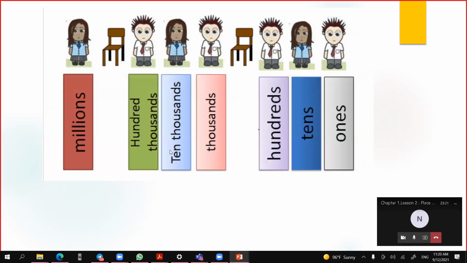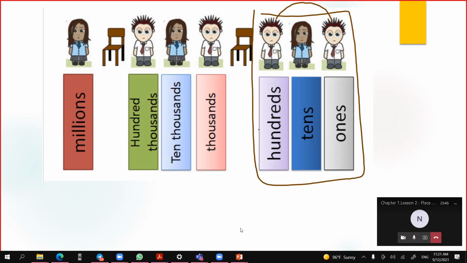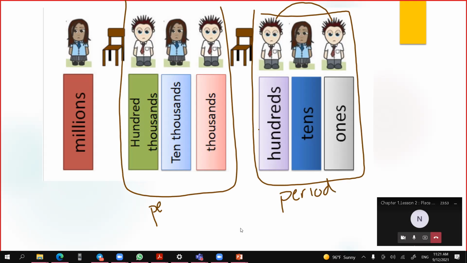Now, look at this picture here. As I told you, this is a boy. His place is different than this girl. And this boy is different than the place of the first boy. So each boy or each girl has a place. As I told you, each number has a different place. Now, this one here, they sit in a period. And this one here, they sit as a period. And what did I tell you now? Between 2 periods, between 3 numbers, what do you have to put?